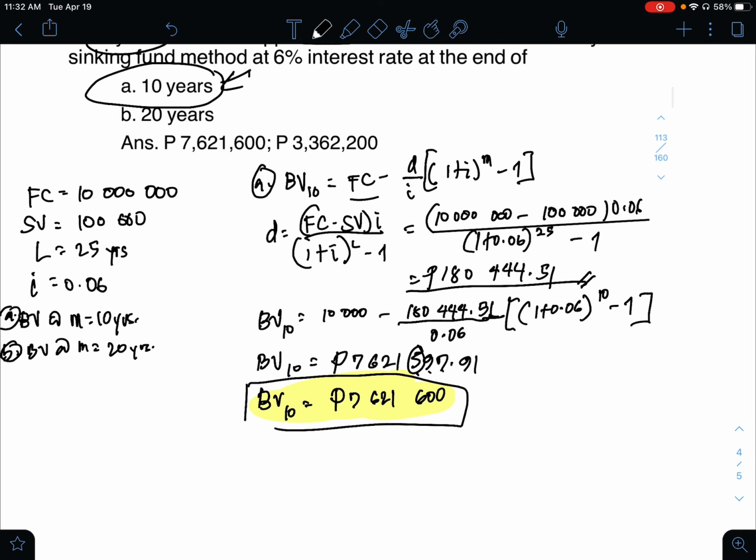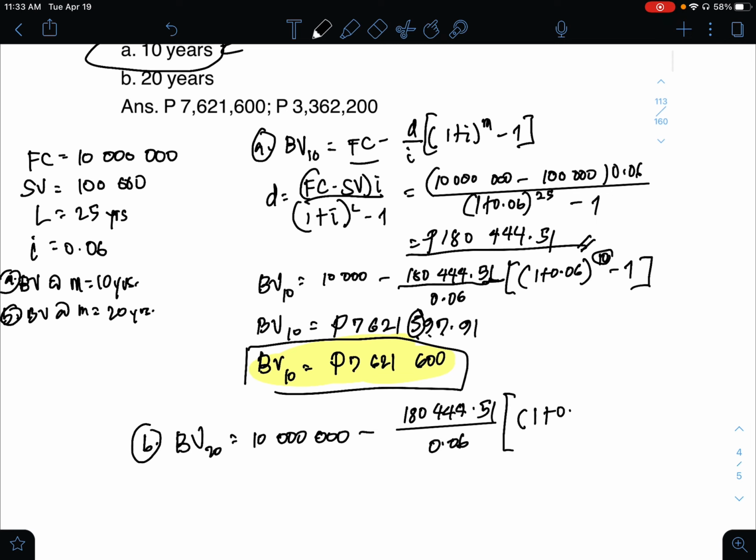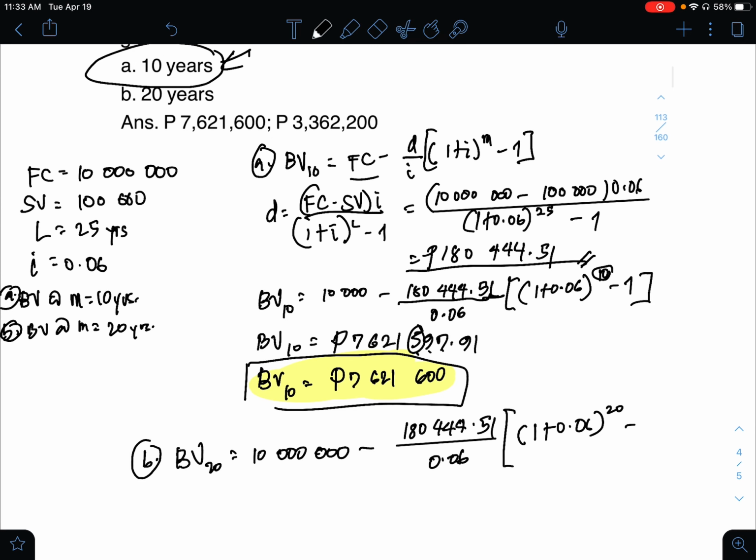So for letter B, at 20 years, we change the 10 here, because we now have B. So for letter B, BV at 20 years is 10 million minus 180,444.51 all over 0.06 times 1 plus 0.06, and here is what changes. The M here is the appraised value at 20 years.